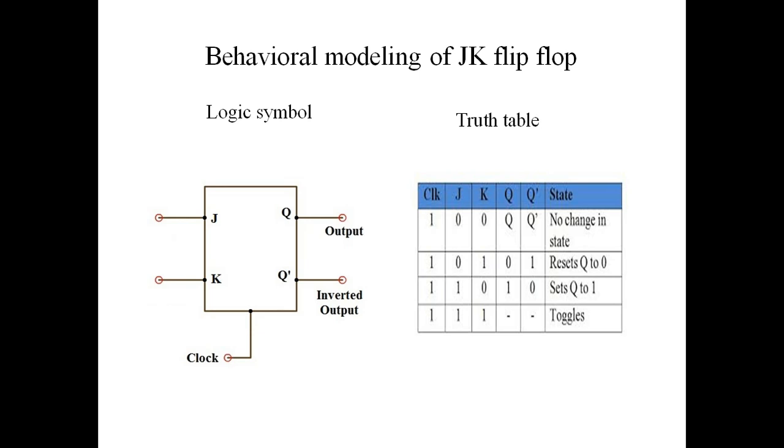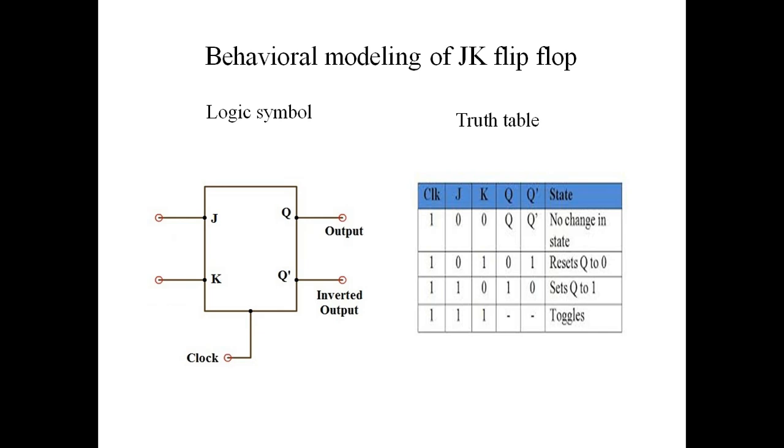That is, Q is equal to 0 and Q bar is equal to 1. When J is high and K is low, then flip-flop will be in set state. That is, Q is 1 and Q bar is 0. When J is high and K is high, then flip-flop will be in toggle state or flip state.